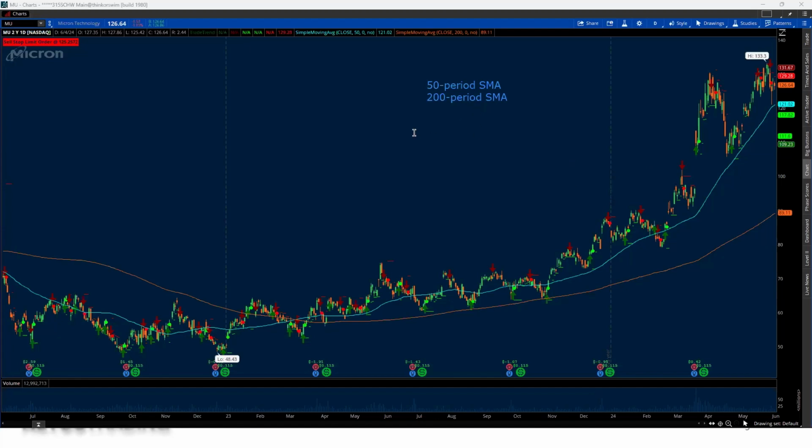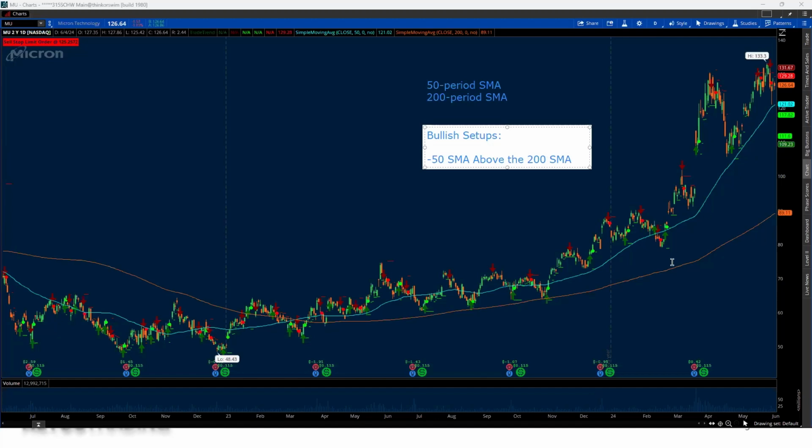Okay, so for a bullish position, for buying opportunities, the rules are: 50 period SMA above the 200 SMA.